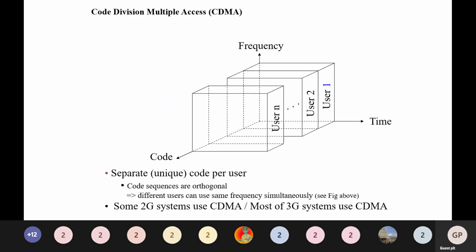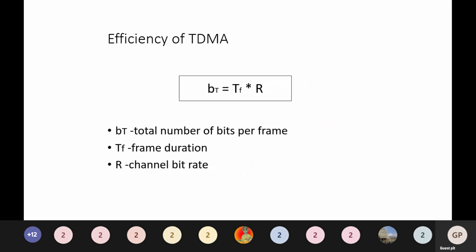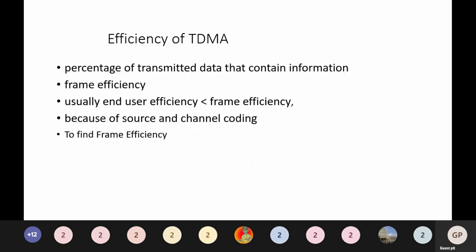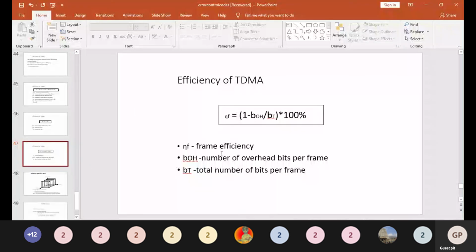You can expect problems on any of these, FDMA, frequency division multiple access, TDMA, and so on. The efficiencies of the various FDMA and TDMA systems are also very important.